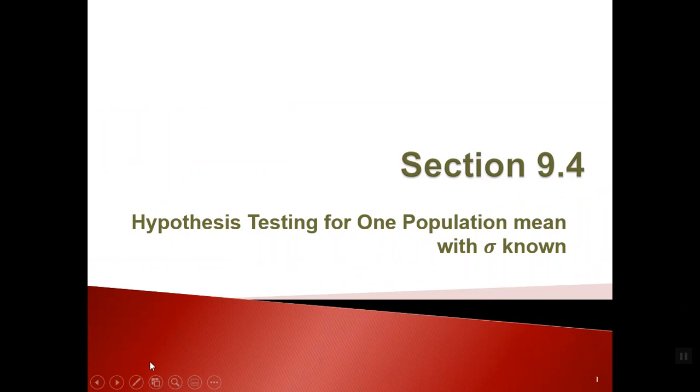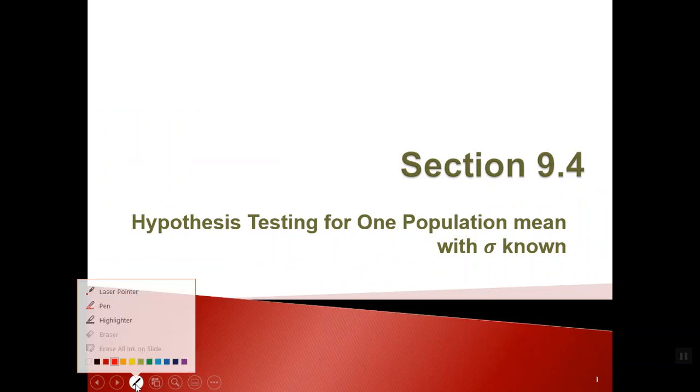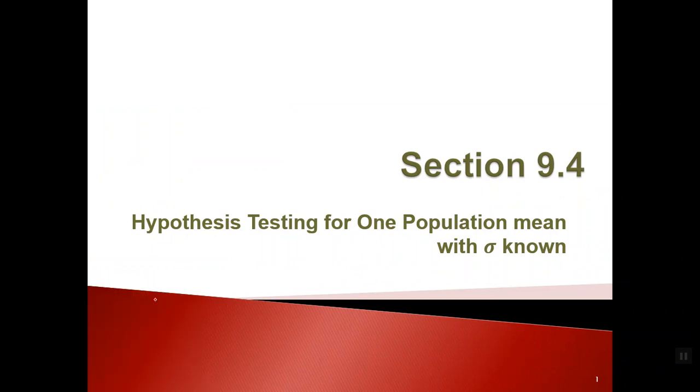So, today I'm going to start section 9.4, which is hypothesis testing. How we use this kind of hypothesis testing, what we have learned so far. Actually, we learned from chapter 9, sections 9.1, 9.2, and 9.3, what are the components we need to perform this hypothesis testing?